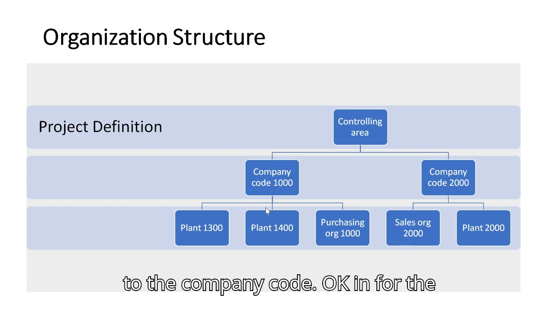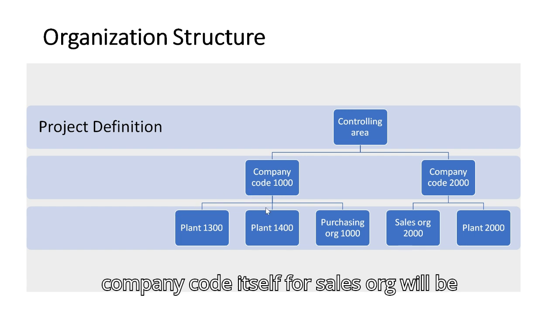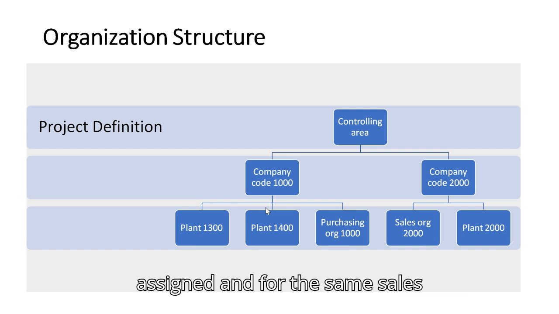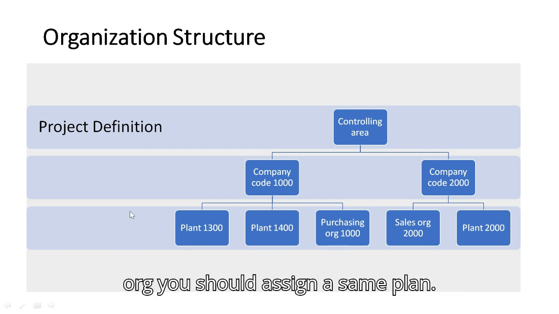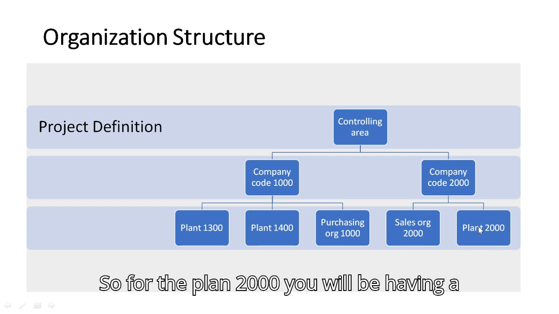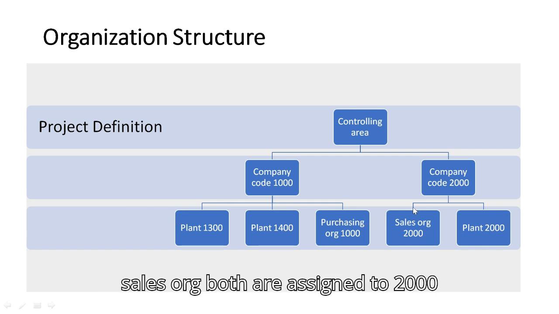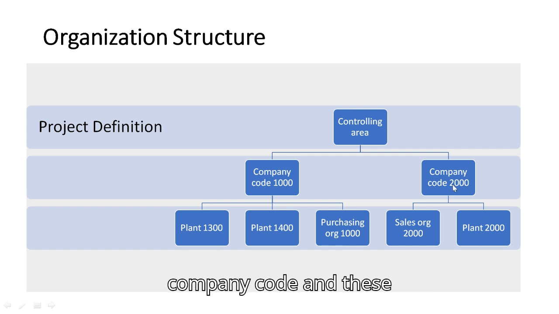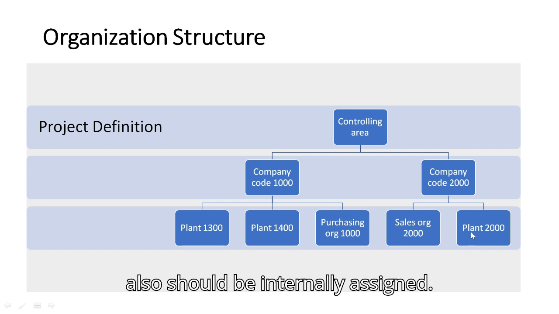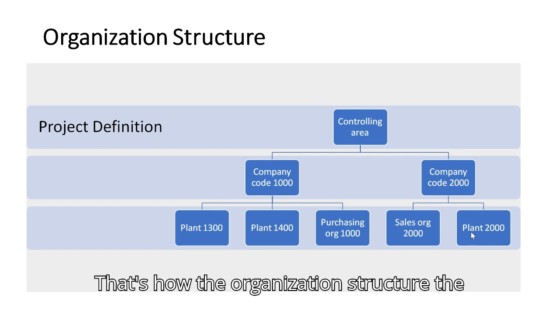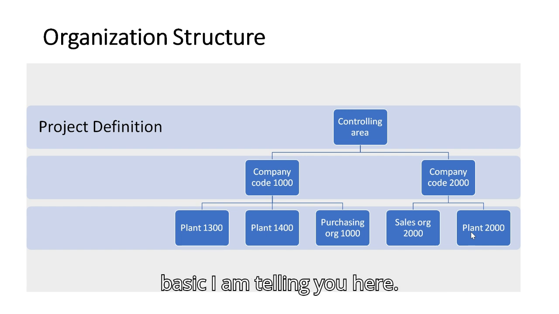Okay, and for the company code itself, a sales org will be assigned, and for the same sales org you should assign the same plant. So for plant 2000, you'll be having a sales org, both are assigned to company code 2000, and these also should be internally assigned. That's the basic organization structure I'm telling you here.